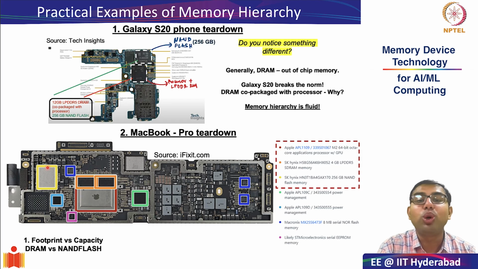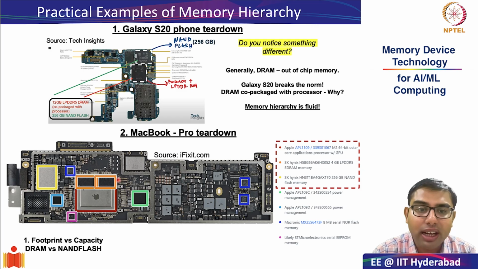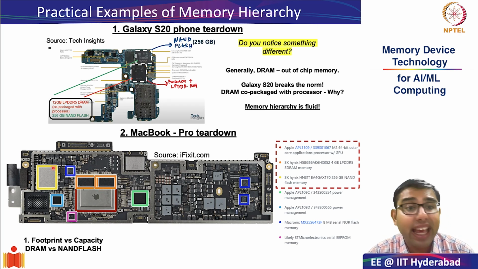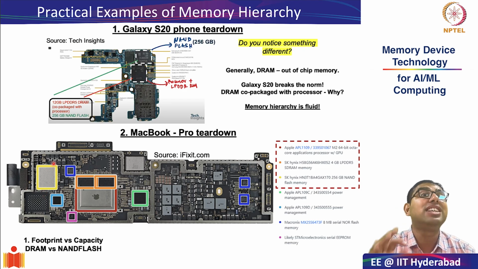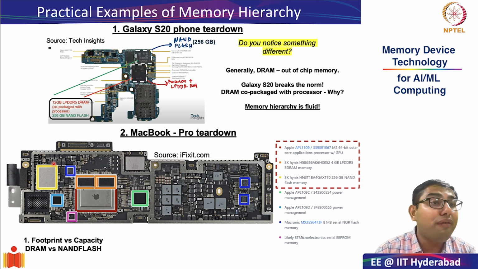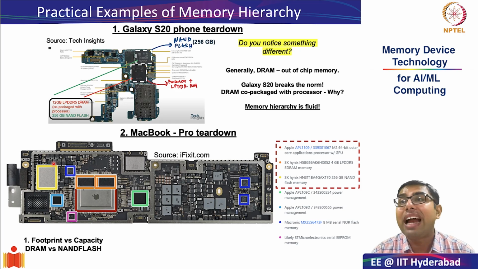If you have been following the course very clearly, you will see that it looks like the footprint or the area consumed by just two chips of 4 GB each consisting of main memory DRAM is comparable or even a little bit more in area compared to the 256 GB NAND flash. Why is this happening? Please recall, when we were comparing the NAND flash and the DRAM, we saw that the bit density of NAND flash is generally 8 times.